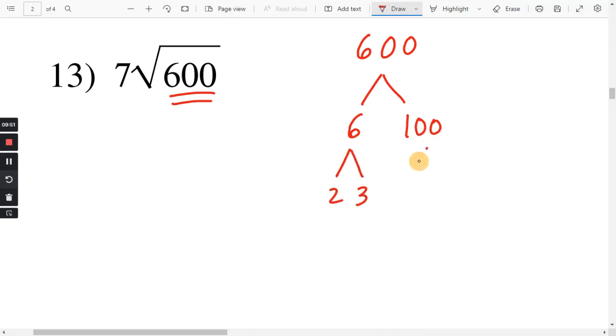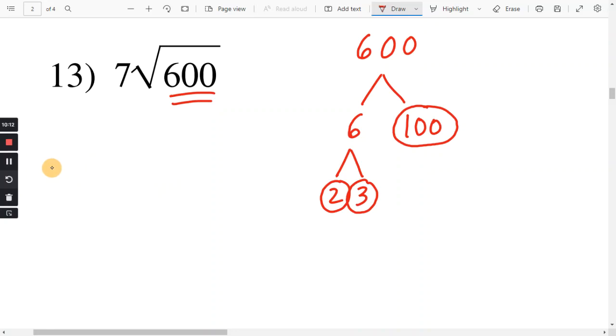And 100 is the same as, well, I'll tell you what. I want to show you a little shortcut here. We'll leave the 100 as is. And the reason I can leave the 100 as is is because I know the square root of 100 is just 10. Okay, and the 2 and the 3 we can't break up anymore.